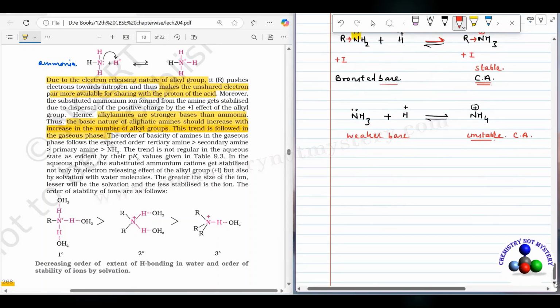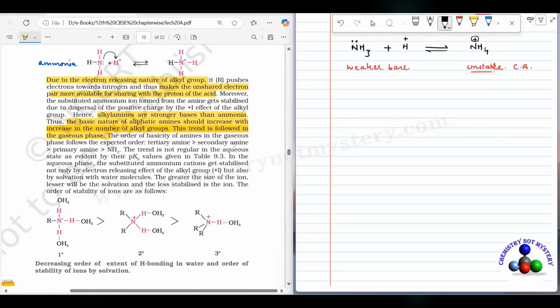Now let's try to understand it. Here it is written that the basic character of alkylamine increases with the increase in the number of alkyl groups. So the basic nature of amine is directly proportional to the number of R groups.